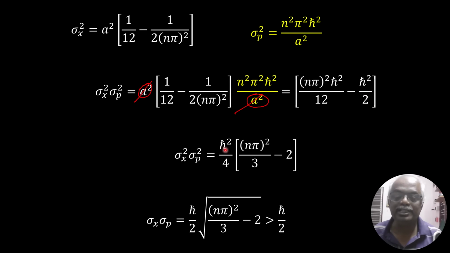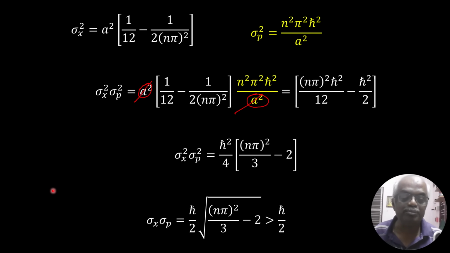Now you take h cross squared over 4 outside, then this will become 3, and this is minus 2. So now you take the square root of this, both sides. Then this will become h cross over 2 times the square root of (n squared pi squared over 3 minus 2), which is greater than h cross over 2.